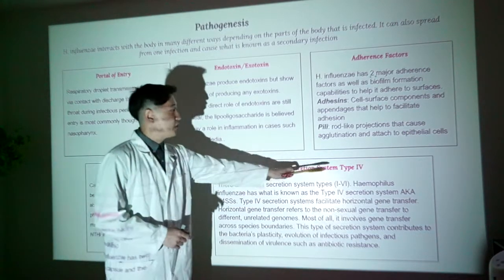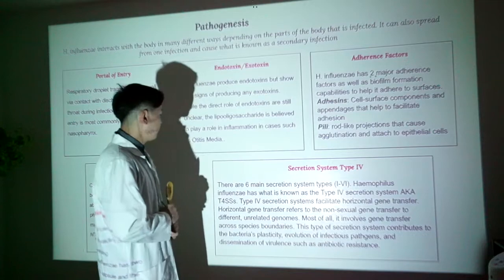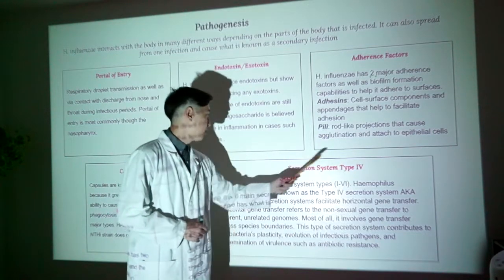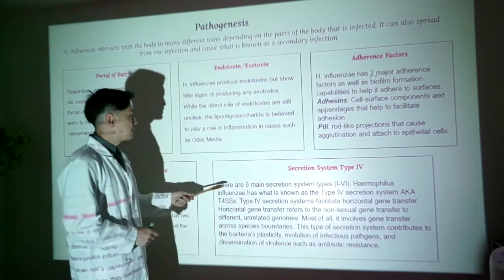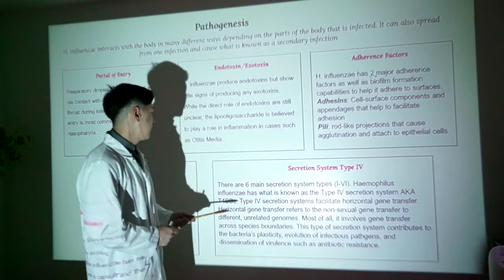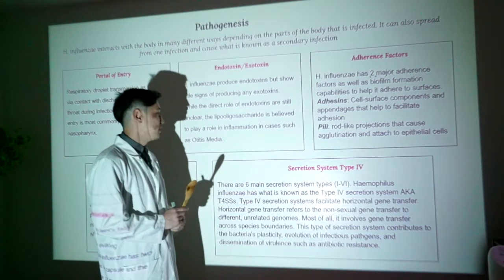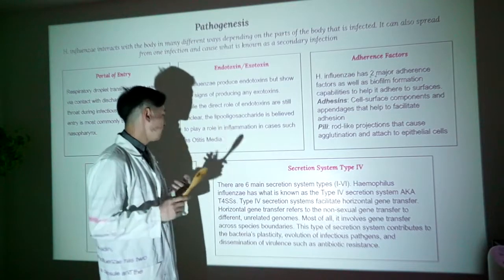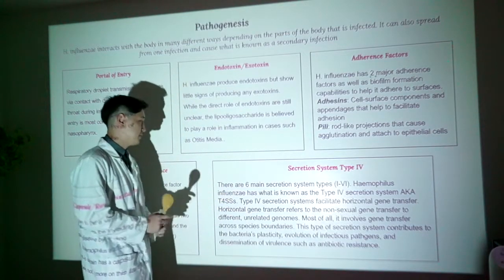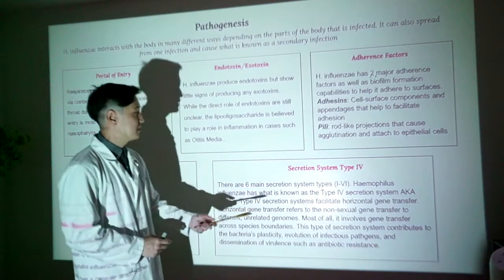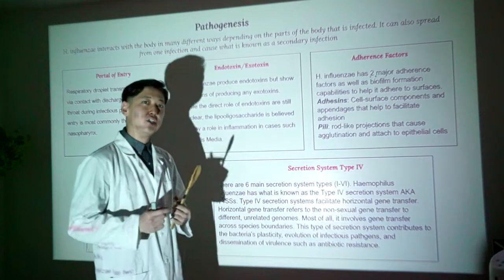Now, the secretion system. There are 6 main secretion system types. Haemophilus influenzae features a type 4 secretion system, also known as the T4SS. Type 4 secretion systems facilitate horizontal gene transfer.